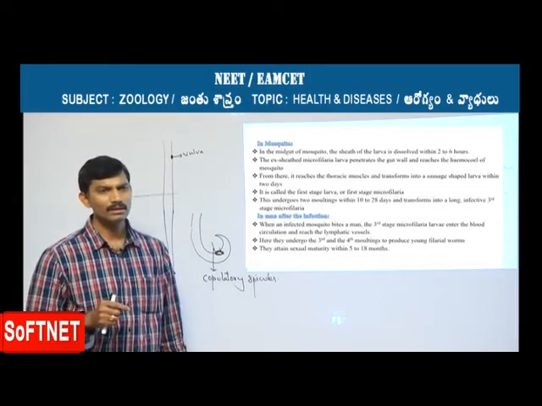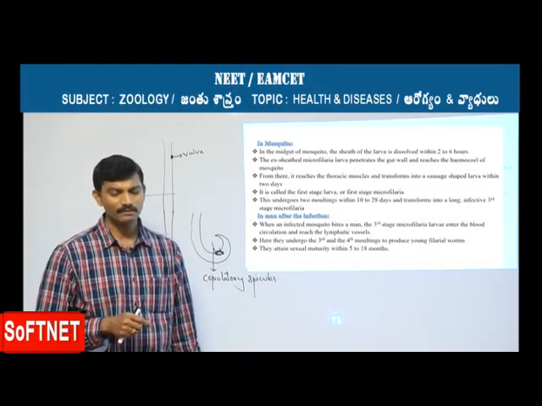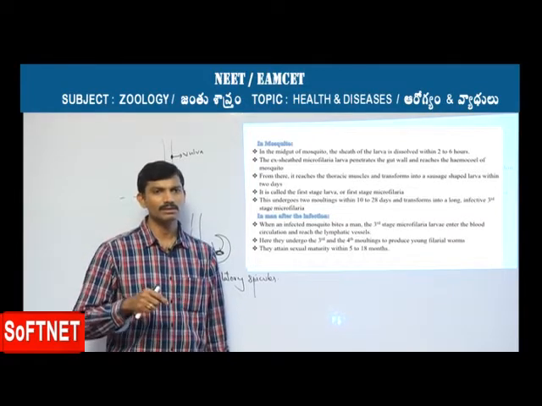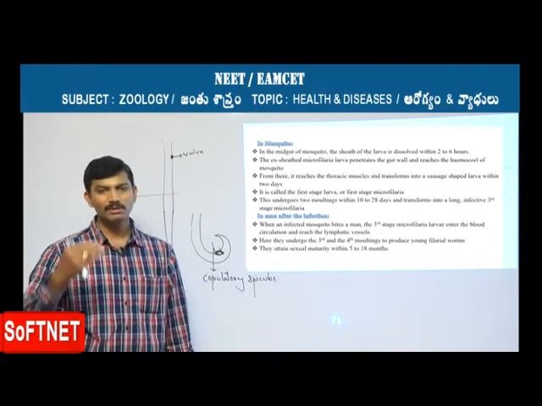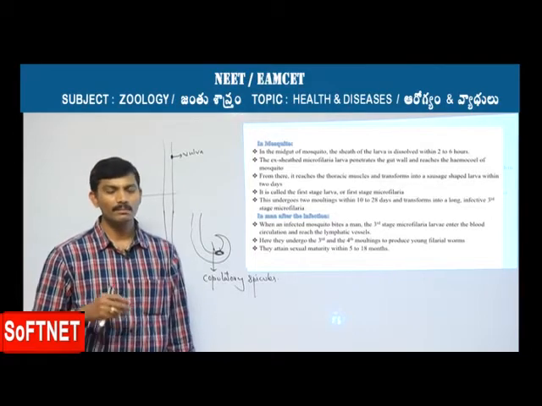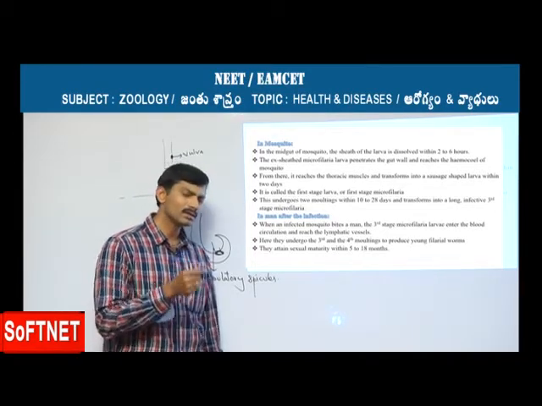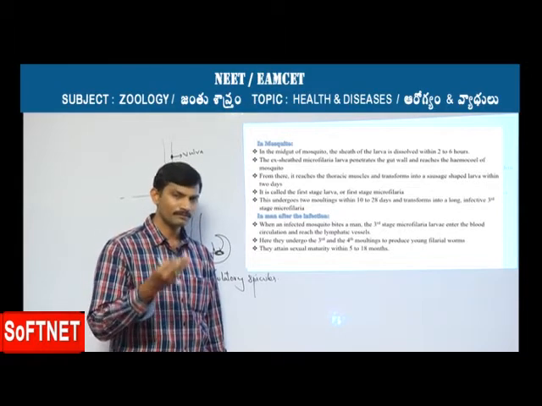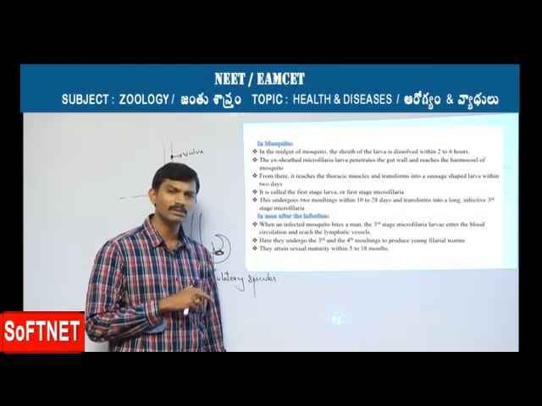When such a Culex mosquito bites a man, the third stage microfilarial larva enters the blood circulation, and from there reaches the lymphatic vessels, where it undergoes the third and fourth molts, the last two. The first two molts occur inside the thoracic muscles of the mosquito.